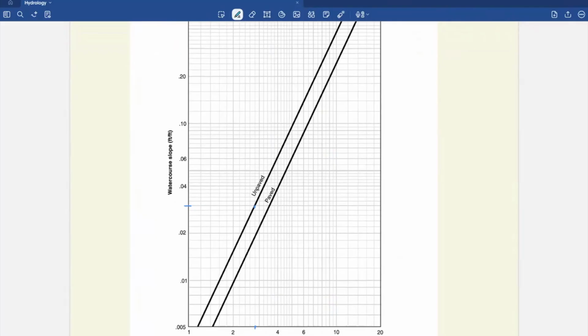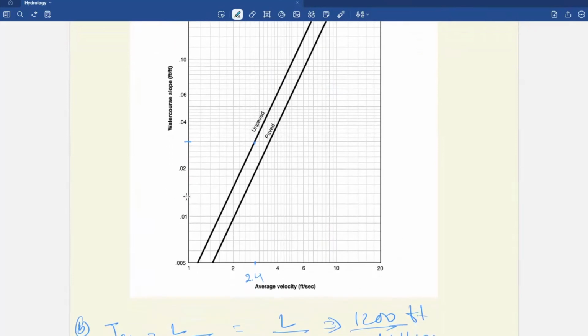For computing average velocity, we use the unpaved curve, and this is the watercourse slope in feet. Our slope is 3%, so it will be 0.03 here. When we connect it here, it will be unpaved.